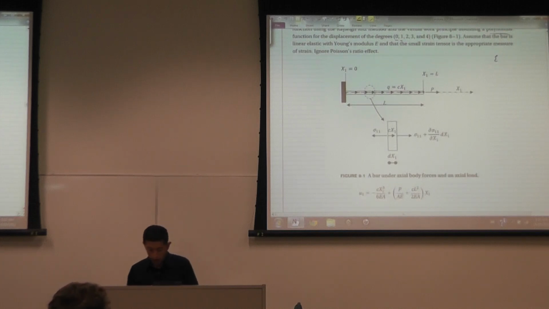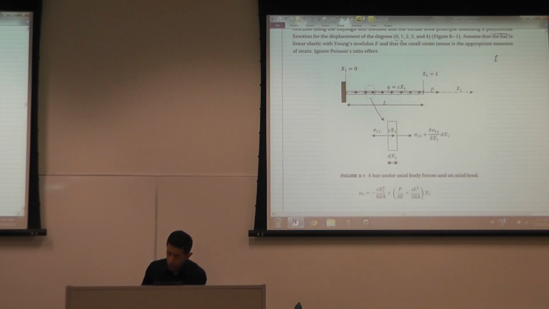So we already know how to solve the equation of equilibrium. The equation of equilibrium, I've got here sigma 11, and I have here this, and this is the force acting per unit length. The sum of forces equals 0.